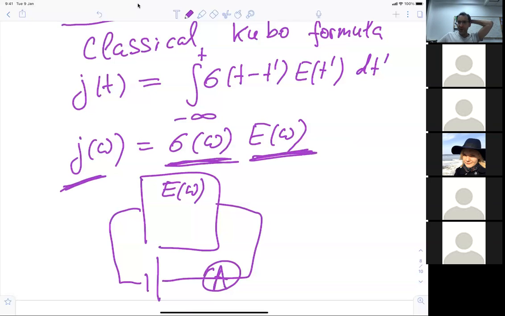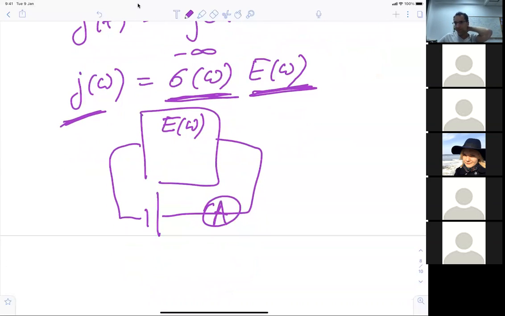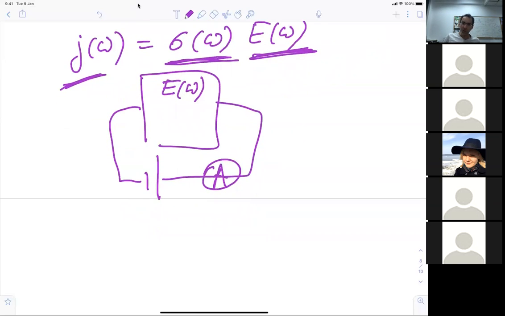Now there is a statement, and this statement will be absolutely general for any quantity that has a linear response: that you can find this coefficient if you study the correlation of fluctuation of this object J in the absence of electric field.